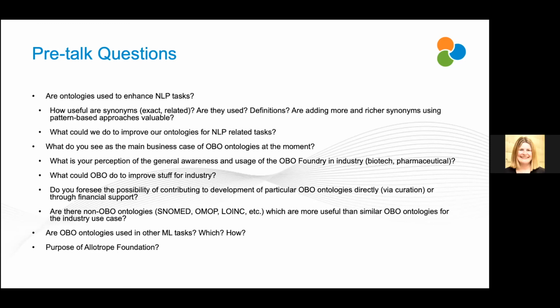Okay, and so definitions, we display those in the ontology browser editor, and they are useful because often that's the only thing you can use to get some context. And pattern-based synonyms, we add the pattern-based stuff on afterwards anyway.